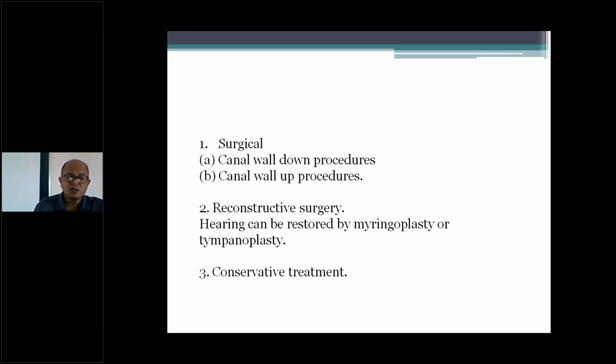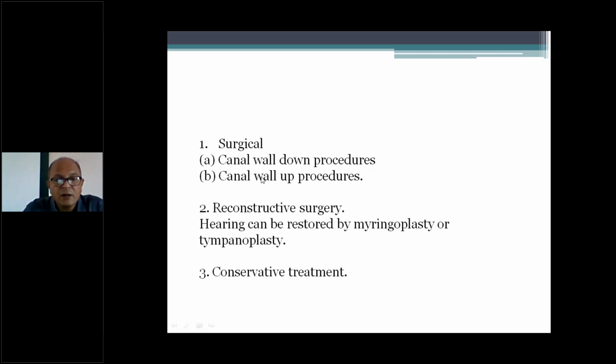But the posterior to anterior approach is the gold standard approach for a large cholesteatoma, which has gone from the epitympanum to the aditus ad antrum and also involving the mastoid antrum. In all these conditions, you have to go for a posterior to anterior approach.